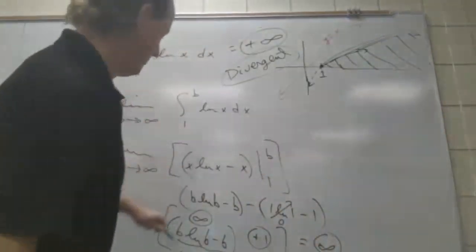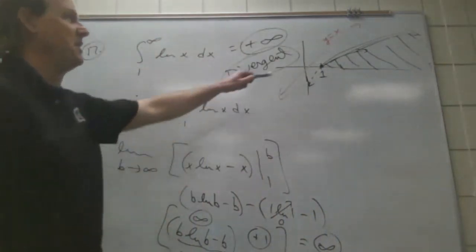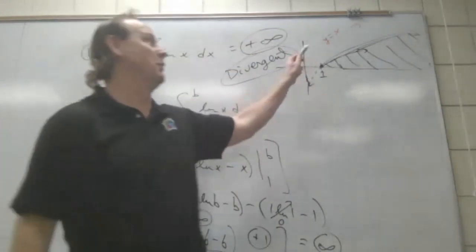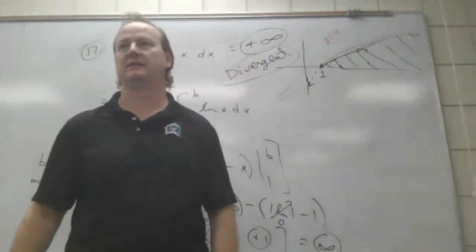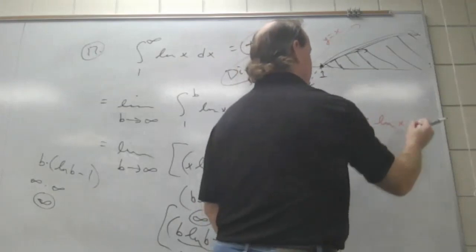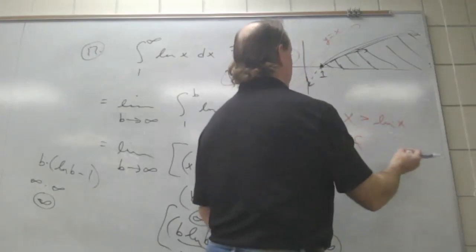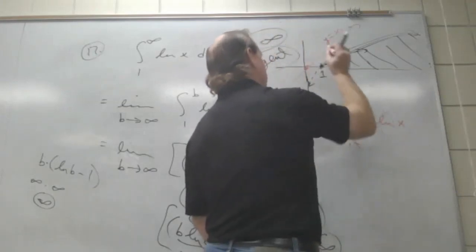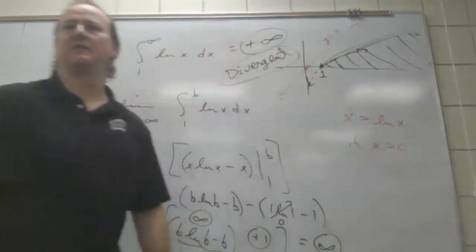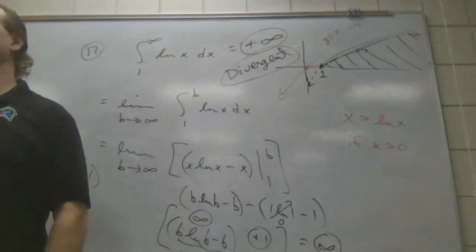So for B, the constant function compared to the natural log of B, or x compared to the natural log of x, which one is bigger as you go right? x is bigger than the natural log of x if x is greater than 0, isn't it?